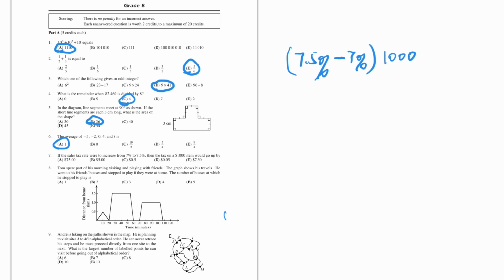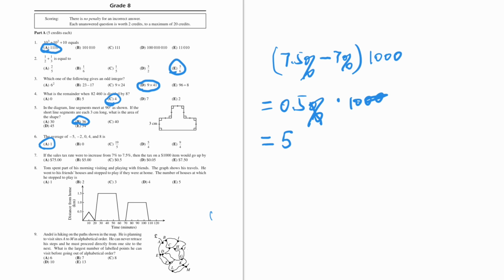What's 0.5% of 1,000? That's the multiplication. 0.5% times 1,000. The percent cancels the 100, so it equals 0.5 times 10. It's 5. So the tax on a $1,000 item would go up by $5. Answer B.